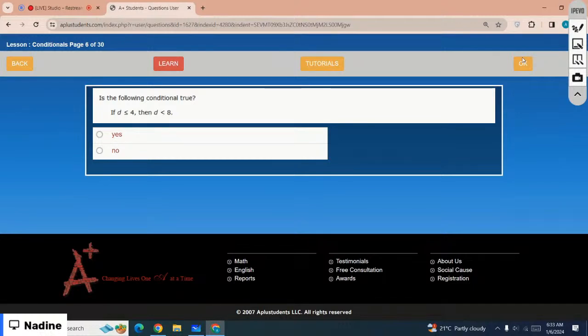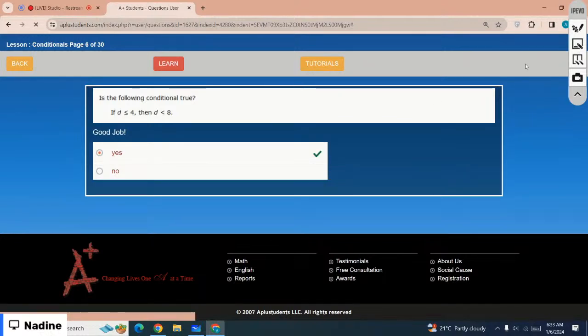The correct option is true it is, right? Because d is less than 4, that means it is also less than 8. The correct option is true.